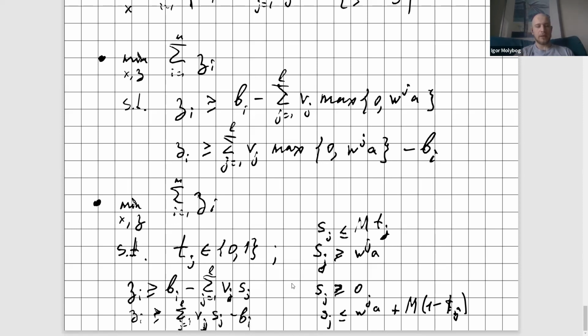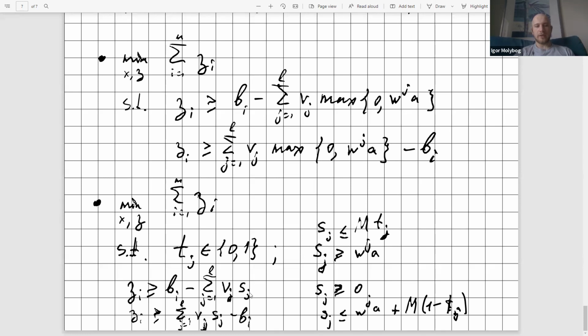It's a binary variable, and instead of maximum of 0 and wja, we're going to be writing the variable sj, which is a continuous number. So instead of having this maximum, we're going to have a couple. The first value is sj, and then the second value is tj. That will be regulating which value of sj is feasible or not. So we are just substituting sj instead of the maximization in both inequalities, in the first one and in the second one.